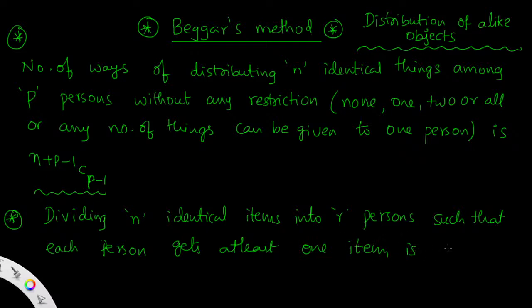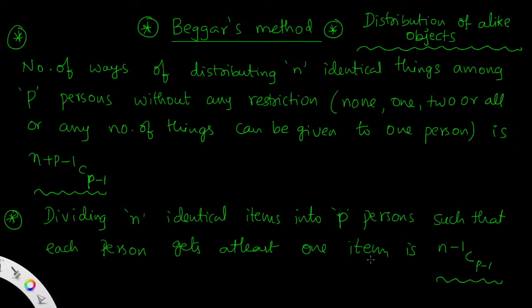In the place of p, the value we have to keep as 0, then it is n minus 1 C. Suppose p persons are there, we can write n minus 1 C p minus 1.